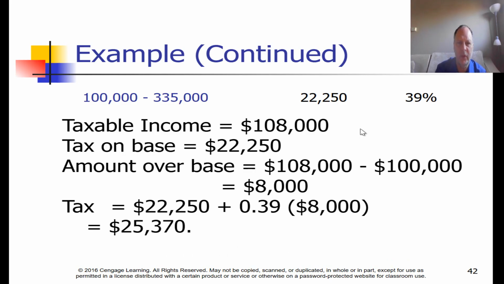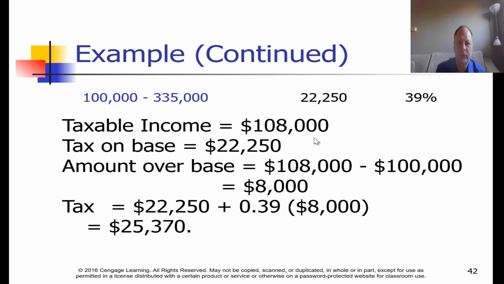If we look back at the tax table, this puts them in the bracket between $100,000 and $335,000. The tax at the bottom of that bracket is $22,250, and that's in the 39% tax bracket.